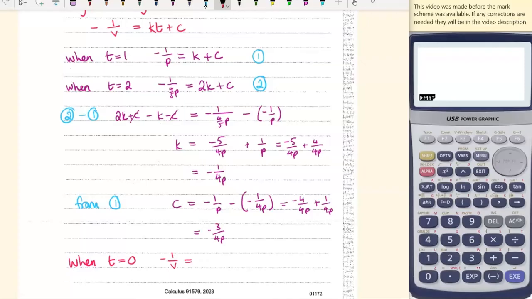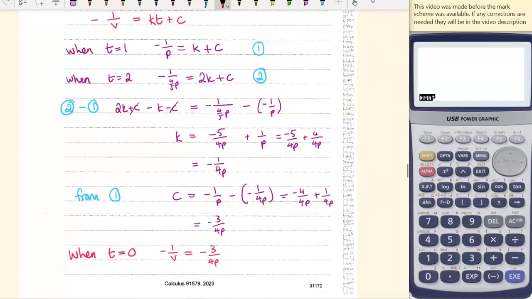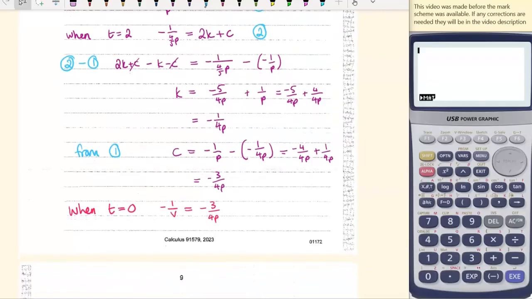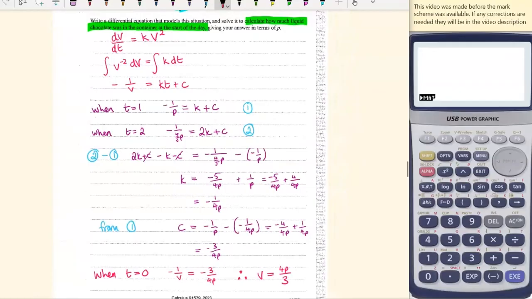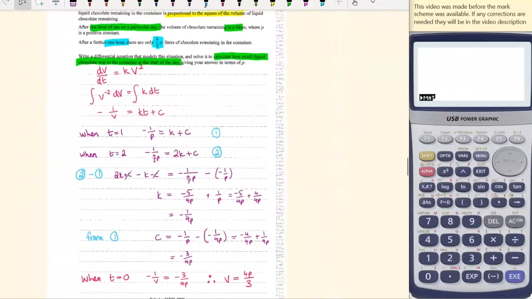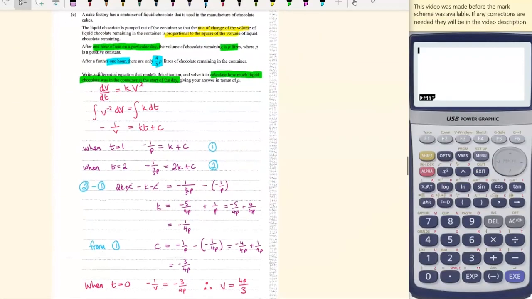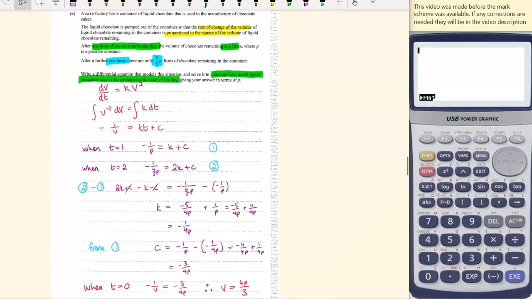Well, t is 0, so we can ignore that bit. It's just equal to the c value, minus 3 over 4p. So the minuses cancel, and if we flip over both of those fractions, we get V is equal to 4p over 3. That, I think, was a particularly hard Excellence question, and a little bit meaner than usual.